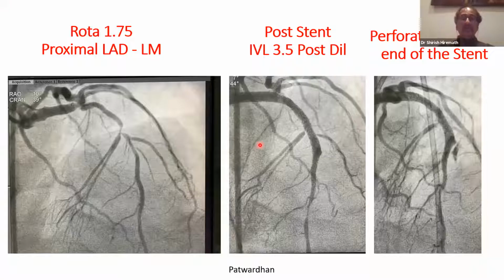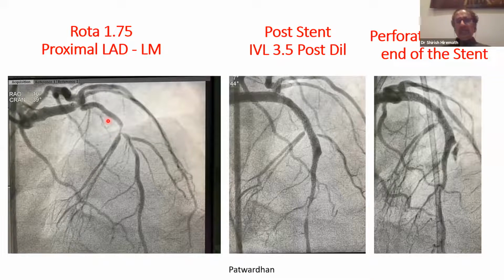I think I'm coming to the end of my talk, but I also must tell you about the OPN balloon. Like in this case, we had a lesion at the left main distally. This was done with a rotablator, but the diameter required here was 1.75, which was too big for this. We did not do a rotablator here, but we used a cutting balloon, and then we put a stent.